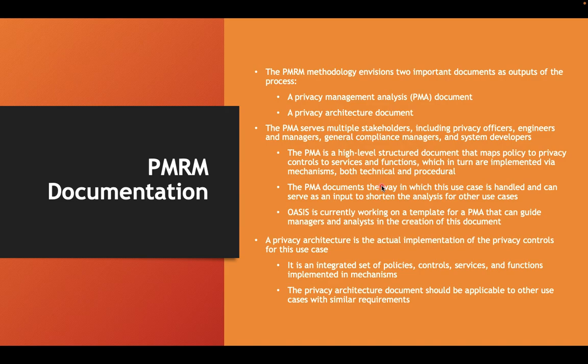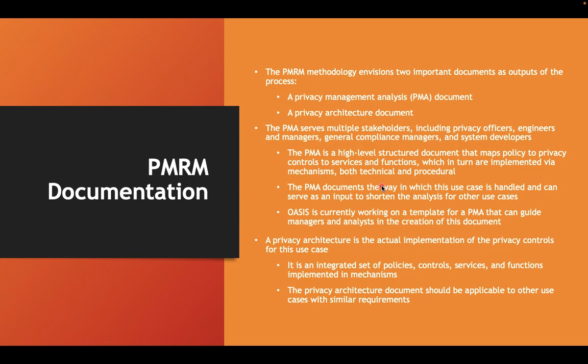Then the PMRM methodology envisions two important documents as output of the process: a privacy management analysis and a privacy architecture document. Each of them has its own concept. The privacy management analysis serves multiple stakeholders, including privacy officers, engineers in an organization, managers, general compliance managers, and system developers.